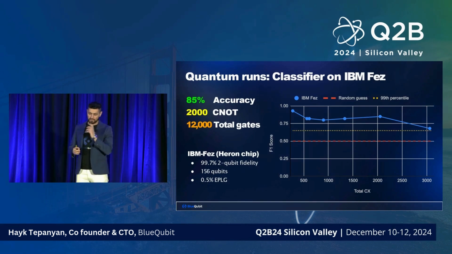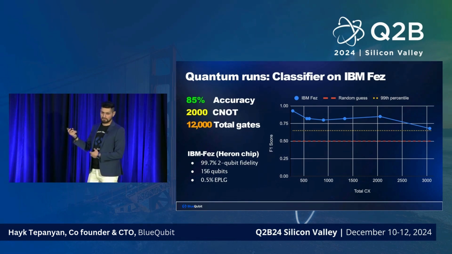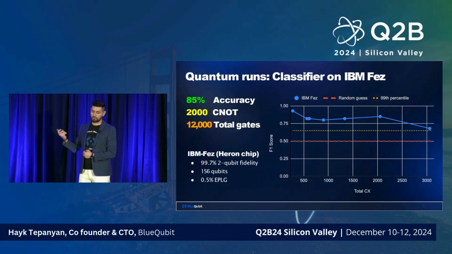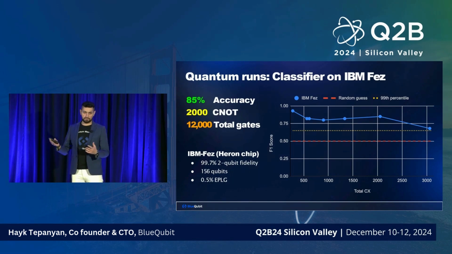Basically, what we do here, we take the problem I just mentioned, we train it on simulators, then we take the full circuit that we have, the classifier circuit, and we run inference on the actual quantum hardware. We run inference on 60 test images and report the accuracy of this classification. The y-axis is the accuracy, the F1 score. 1 means perfect classification.